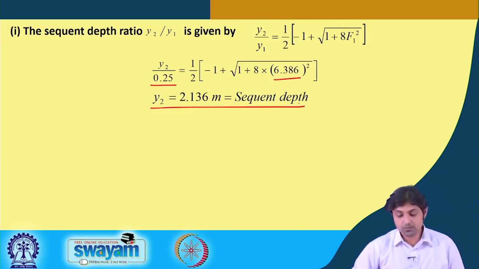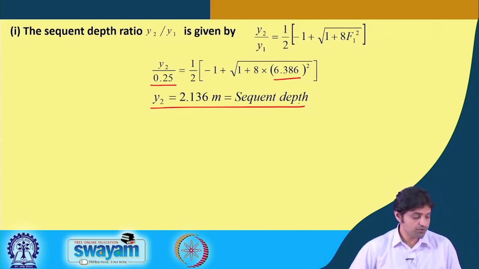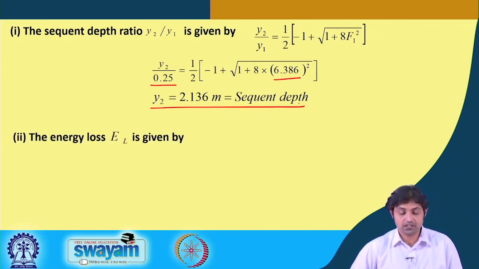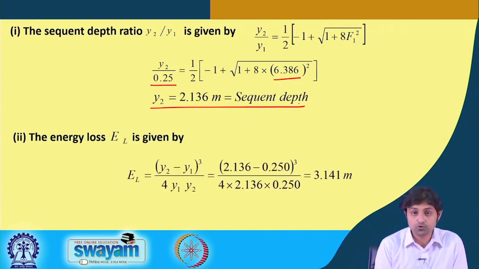And now, the last part of this is we have to find out the energy loss, EL, and the energy loss EL is given by the formula y2 minus y1 whole cube divided by 4 y1 y2. So, we know y2, we know y1, so we are easily able to find out the energy loss just in terms of y2 and y1.